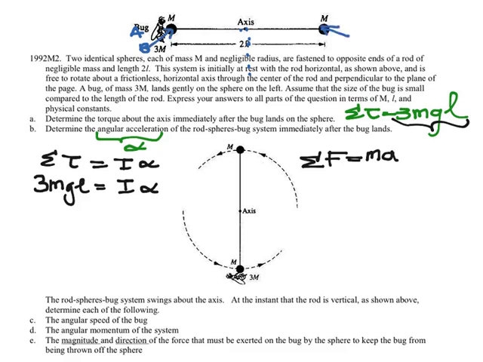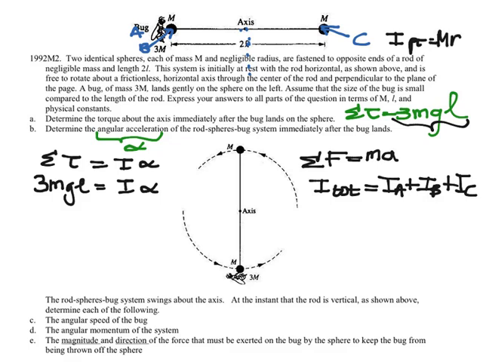If we want to know the total moment of inertia, that's going to be the sum of our individual moments, IA plus IB plus IC. We also know that the moment of inertia of a point particle is equal to mr squared.